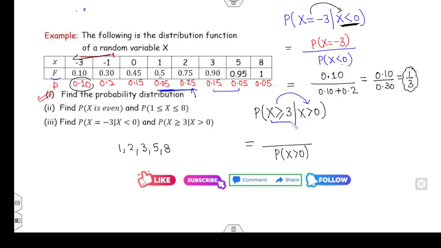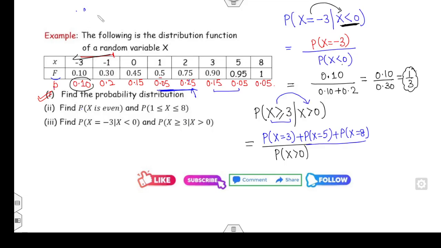So look at that, x is greater than or equal to 3. Which numbers are satisfied? These three numbers satisfy this condition. So the numerator part is x is equal to 3 plus x is equal to 5 plus x is equal to 8. Now you can get the answer.